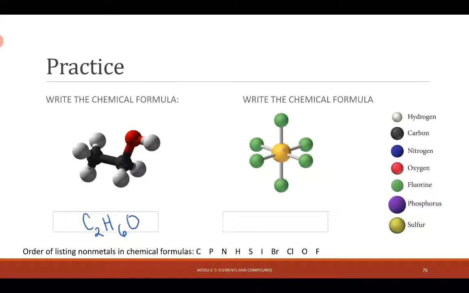Now for this one, we can see that sulfur is in a smaller group number than fluorine, so sulfur will be listed first. There's 6 fluorines there, so that's SF6.